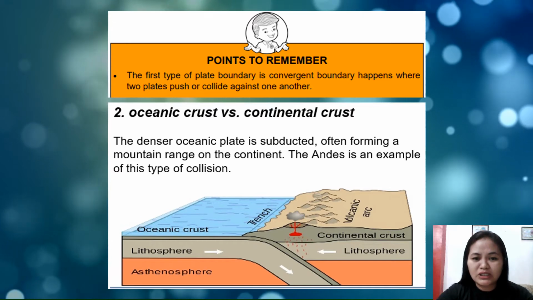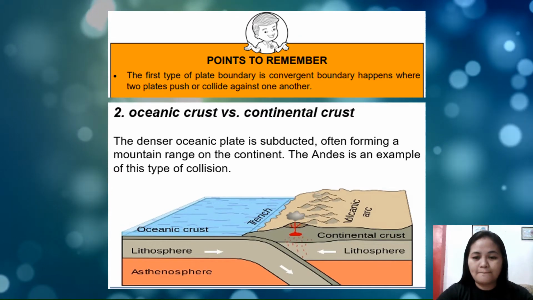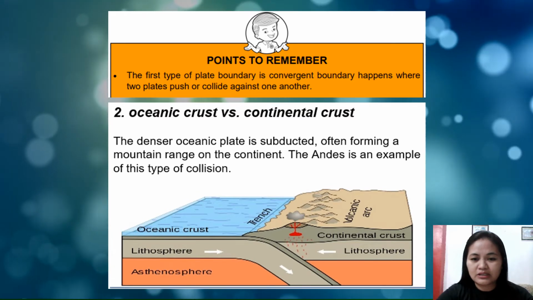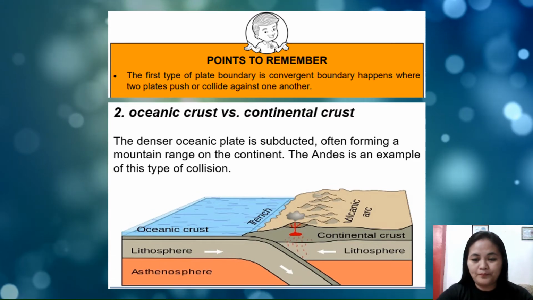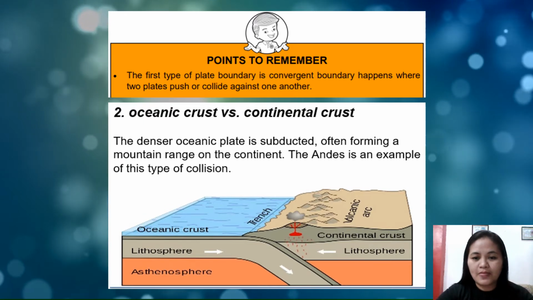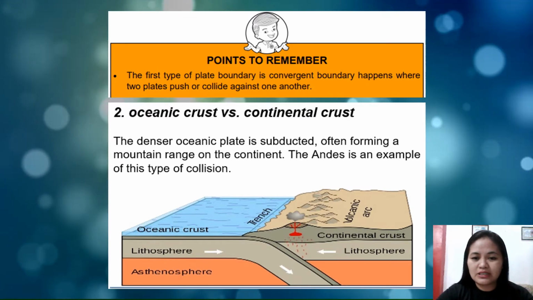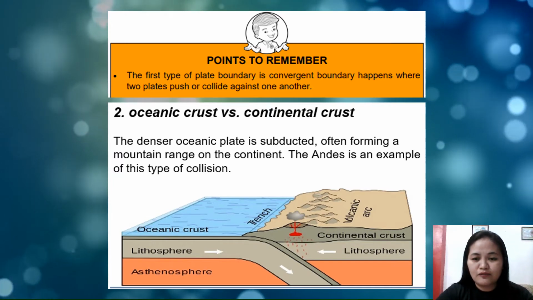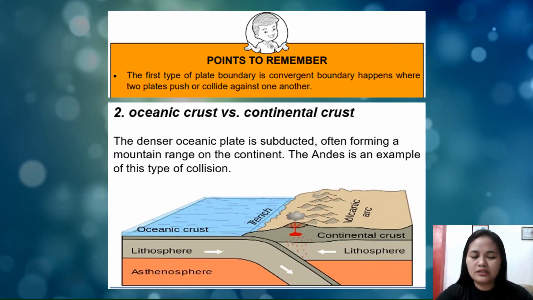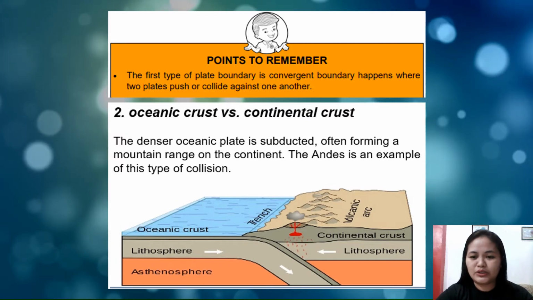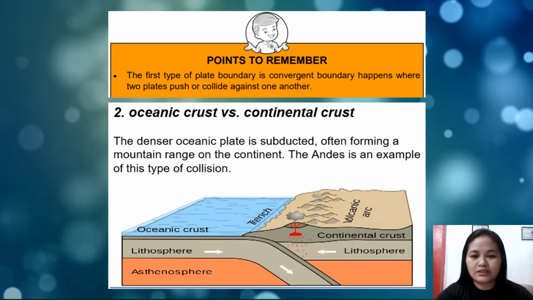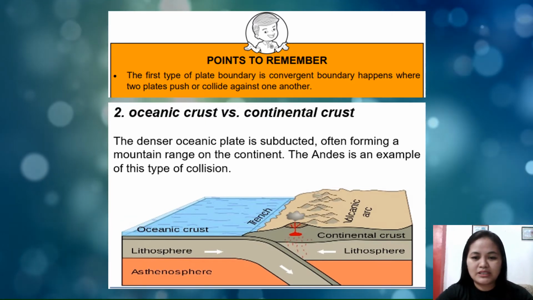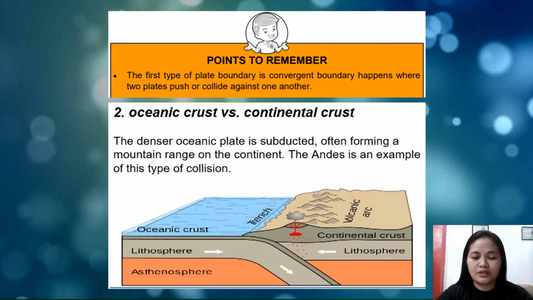Why in the continental crust? Because the tendency of this continental crust is to go up. As I've taught you before, this continental crust is thick but is less dense. In Filipino, I always want to translate because I know that not all of us understand English very well, and translating it in Filipino makes it better.